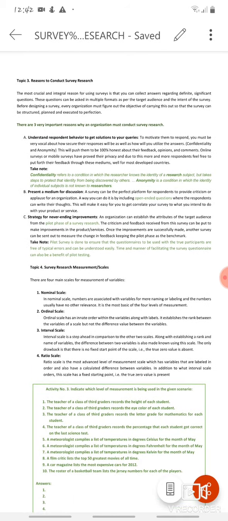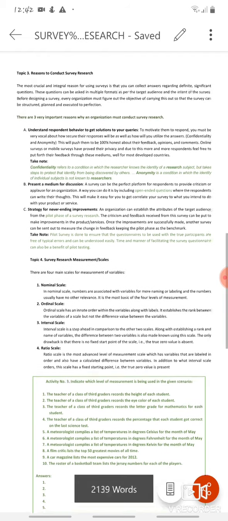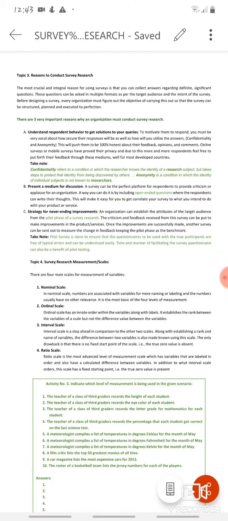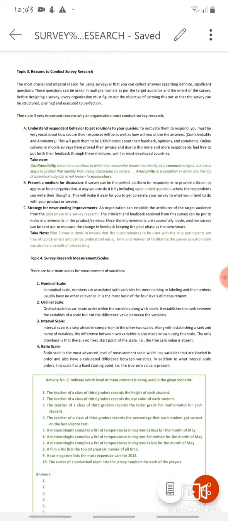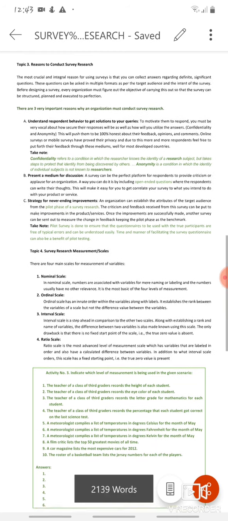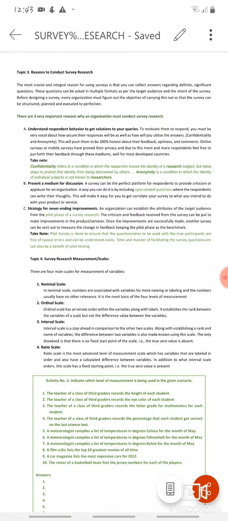So sa confidentiality, medyo open pa in a way na alam mo kung sino ang sumasagot ng questionnaires mo, but then again, itatago mo yung identity nila once you're going to present your thesis or research. Whereas sa anonymity, you actually don't know who these persons are.